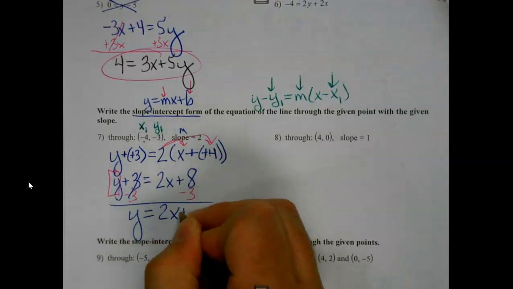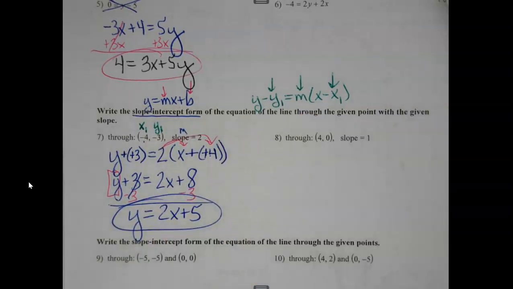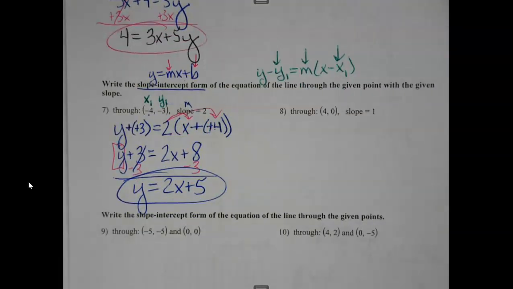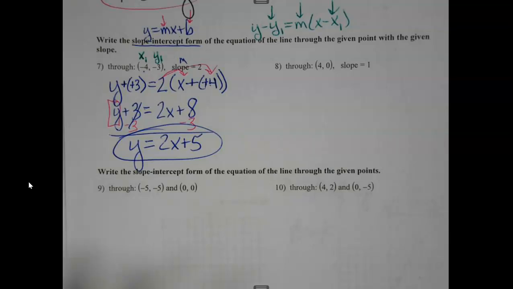Once we get it into the form, it does not take long to get where we need to be. But again, label your stuff and know where these different forms are in your note packet. The only difference between these two and these two is this time I have to find the slope too.